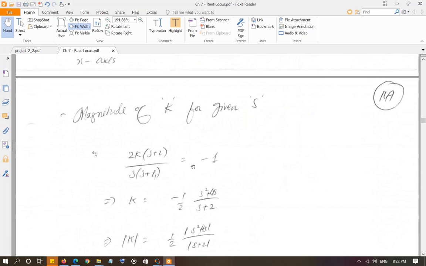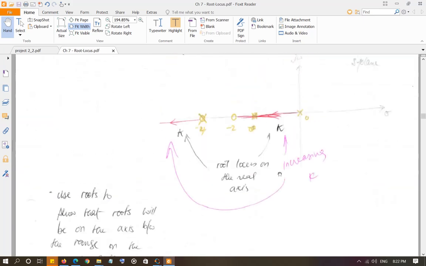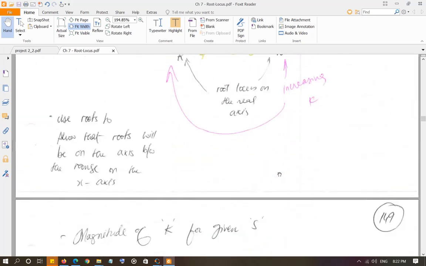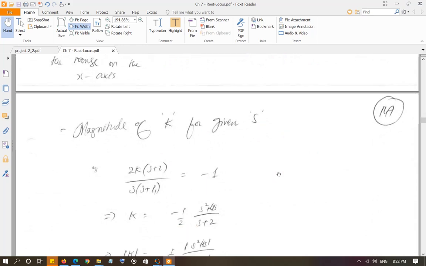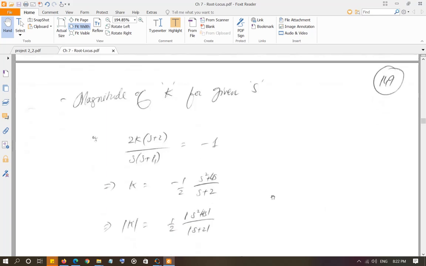And of course this is equal to negative 1. As we know, 1 plus F(s) equals 0, or 1 plus KG(s) equals 0. So KG(s), or KP(s), whatever you want to call it, equals negative 1, and K will be equal to negative one half times S squared plus 4S over S plus 2. You take it over to the other side.